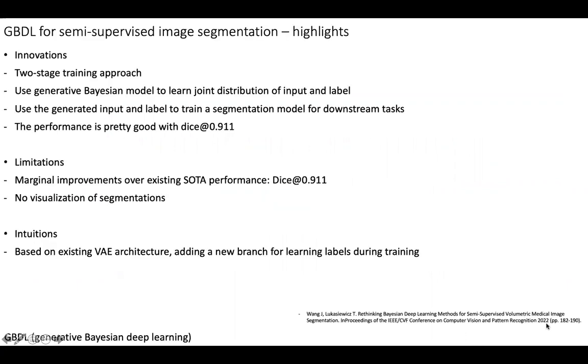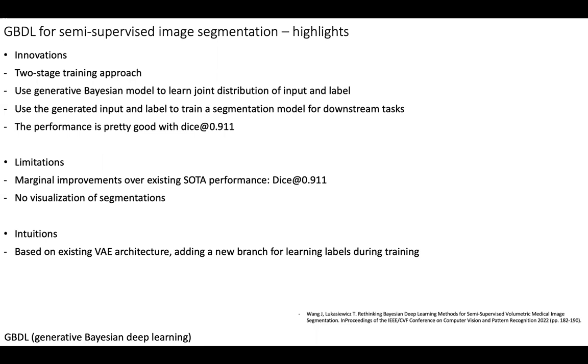Here is a brief overview of this paper. It introduces a two-stage training approach, and it also uses a generative Bayesian model to learn the general distribution of the input image and also the mask label, instead of just learning the distribution of the input image as in a regular autoencoder.